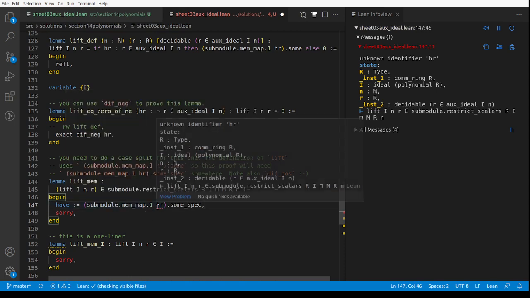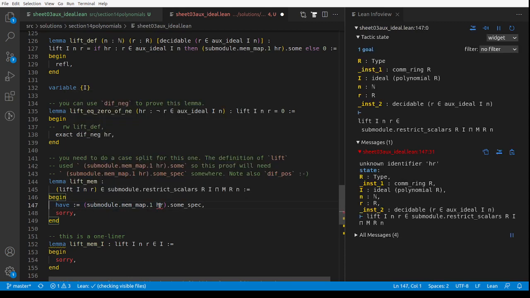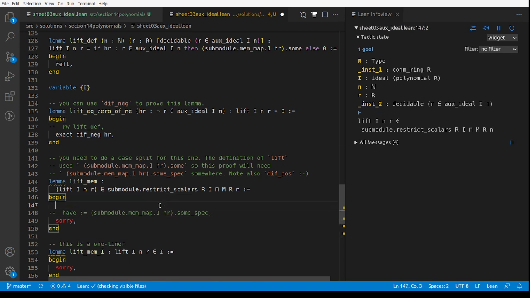I see, we don't have the hypothesis, right? So this we can't use yet because we don't know whether R is in. I think this one we need to do a case split. If R is not in the ideal, then this lift is 0, and 0 is in every ideal, in every submodule. And if R is in the ideal, then this is a classical dot sum, and we need to use a classical dot sum spec.